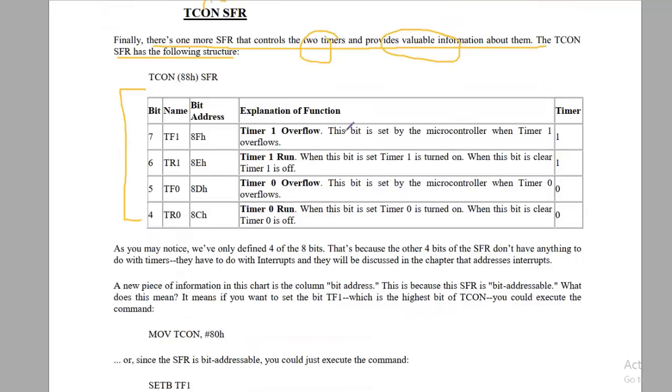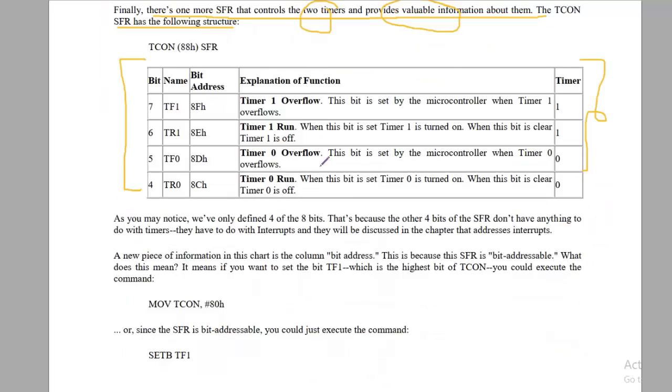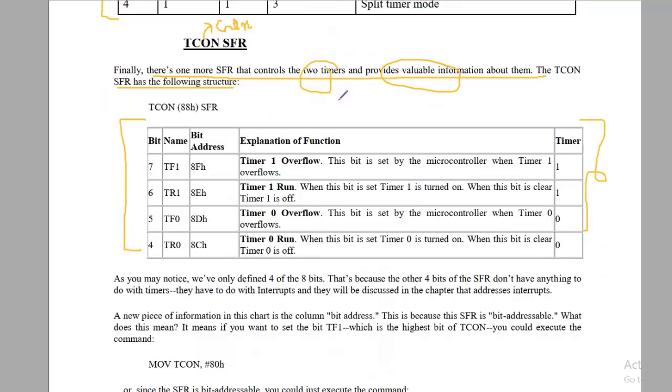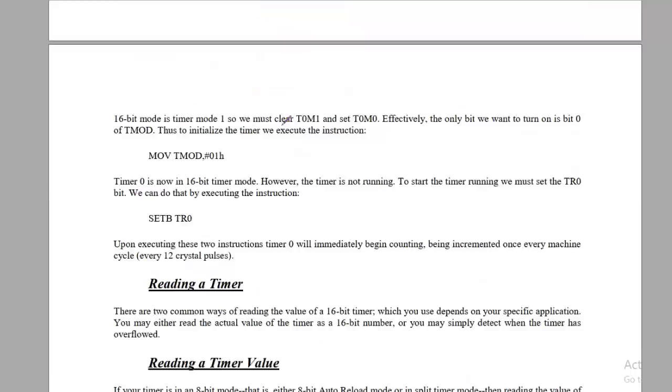This is the table in which they have explained the name, the byte address, and the explanation of the function: timer 1 overflow, timer 1 run, and timer 0 run. You can read this complete topic if you want more information, but this is not important, I think, from the examination point of view. But if you want to cover each and every topic, then you can go through this PDF.